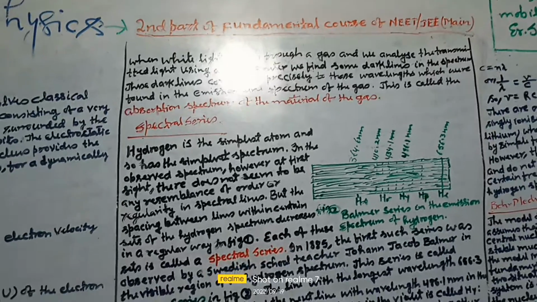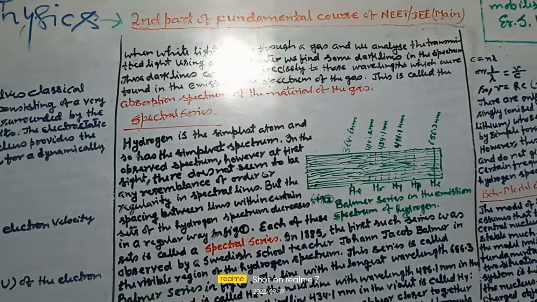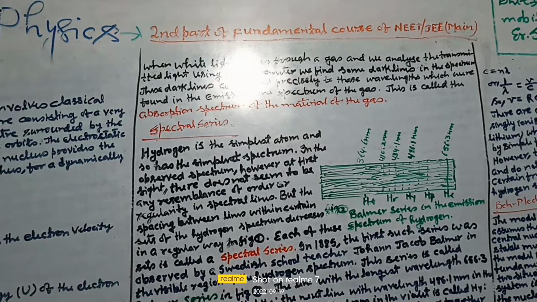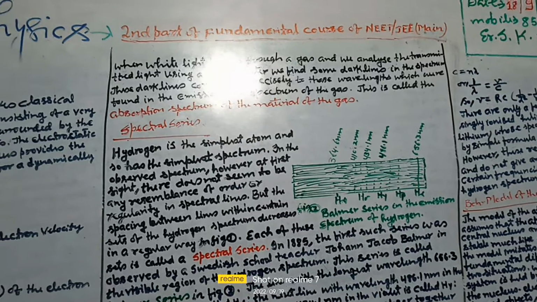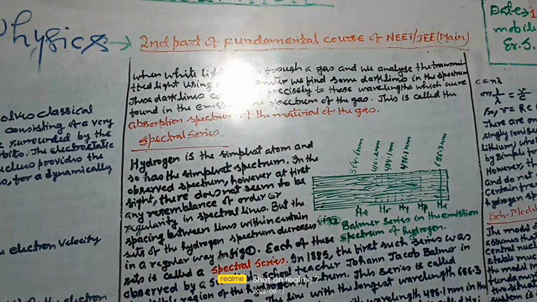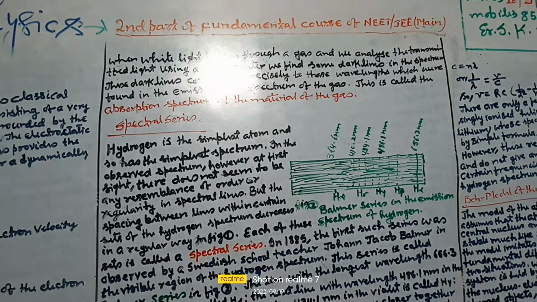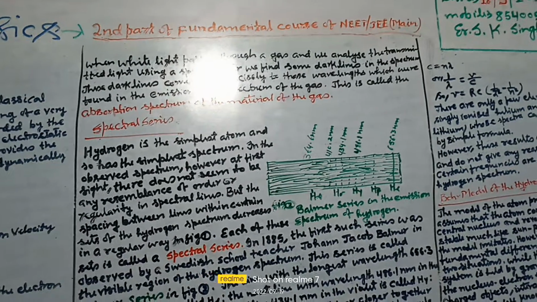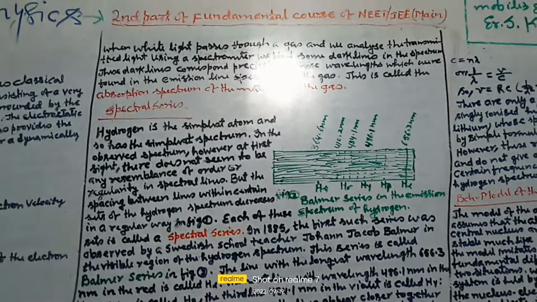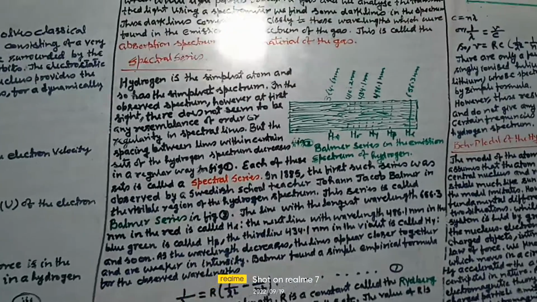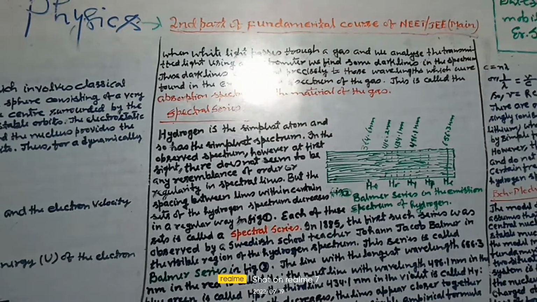When white light passes through a gas and we analyze the transmitted light using a spectrometer, we find some dark lines in the spectrum. These dark lines correspond precisely to those wavelengths which were found in the emission line spectrum of the gas. This is called the absorption spectrum of the material of the gas. Spectral lines.